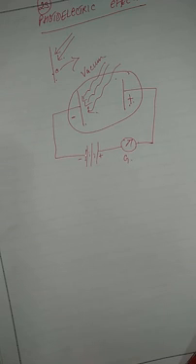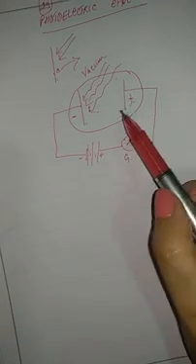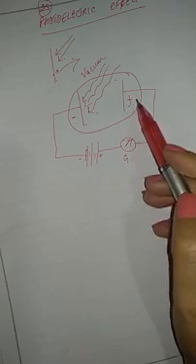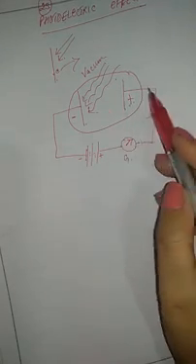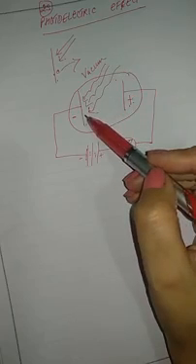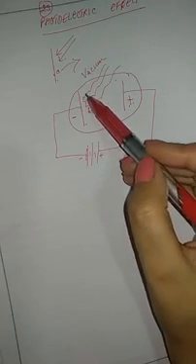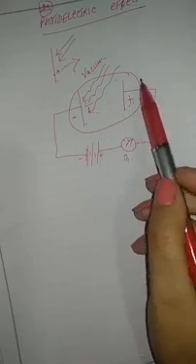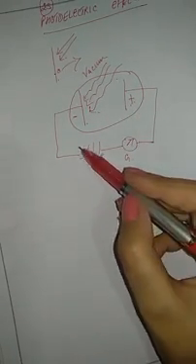Lenard told that when ultraviolet rays fall on the negative plate, the electrons emitted from the plate are attracted by the positive plate, so the circuit is completed and current flows. So when it falls on the negative plate which has got excess of electrons, the electrons will be ejected and the circuit will be completed and the current flows.